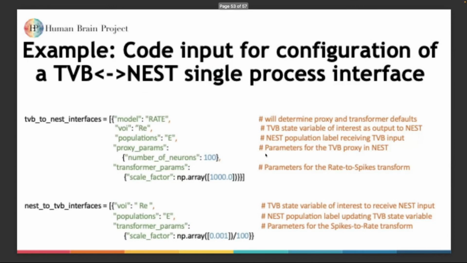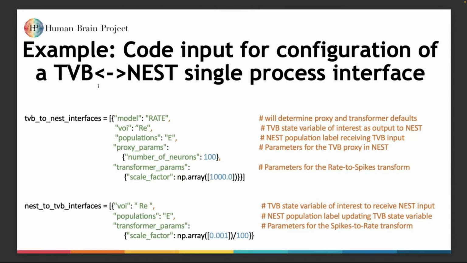And the most important part, which I just want to mention here, is that it is generally very easy to set up the interfaces, which is the core of the software. Usually everything is set as a list of dictionaries of configurations. The main thing is to create the mappings between the state variables of TVB and the population names of the spiking neurons.